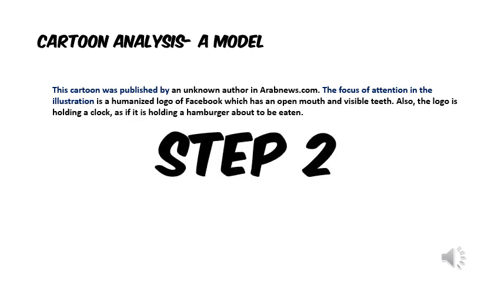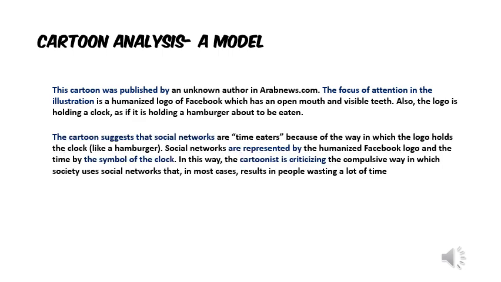Step 2. In step 2, we proceed with the analysis of the message and the analysis of symbols. The cartoon suggests that social networks are time eaters because of the way in which the logo holds the clock, like a hamburger. Then we talk about the symbols. Social networks are represented by the humanized Facebook logo and the time by the symbol of the clock.